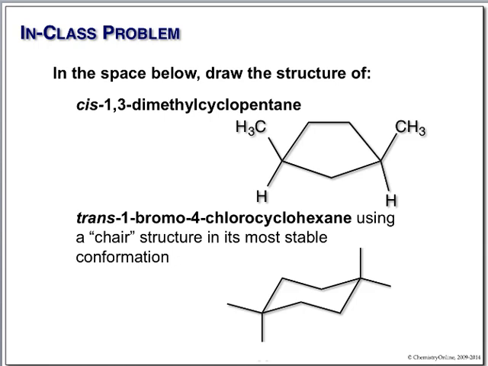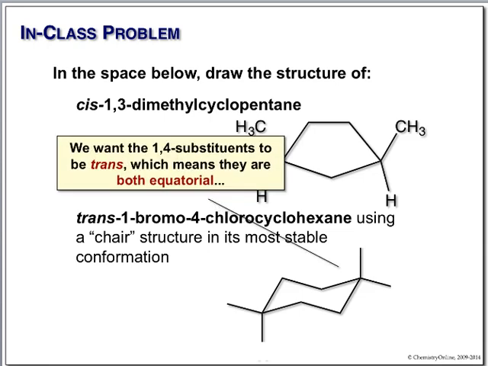Being diaxial would be very, very unstable, and therefore we want to put these things equatorial. To do that, all you have to do is indicate the chlorine, the bromine, and of course, put in your hydrogens.